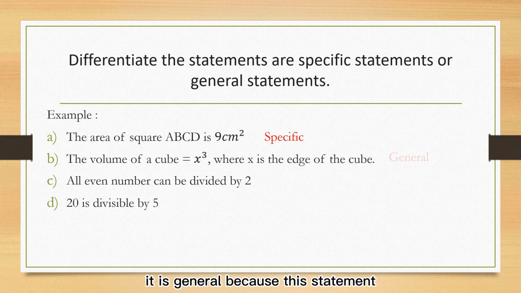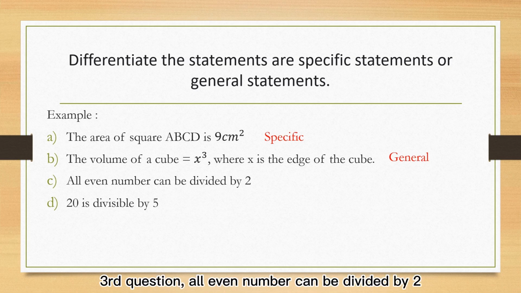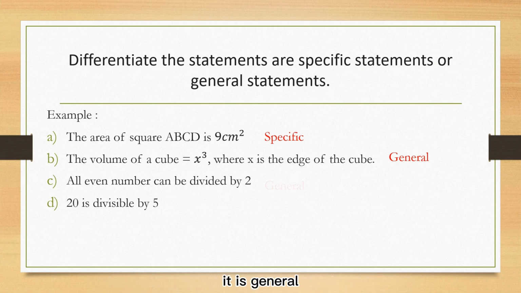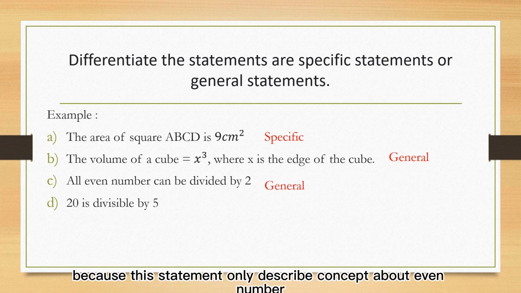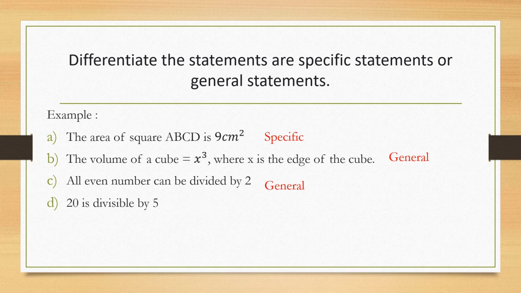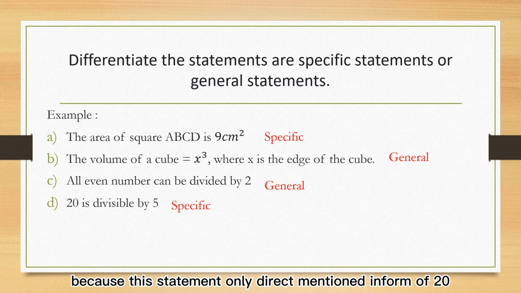It is general, because this statement describes a concept about the volume of a cube. Third question. All even numbers can be divided by 2. It is general, because this statement describes a concept about even numbers. Last question. 20 is divisible by 5. It is a specific statement, because this statement only directly mentions 20.